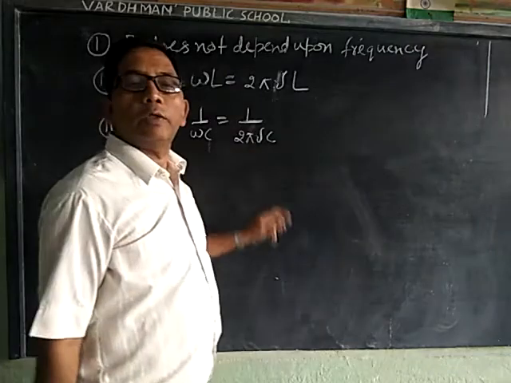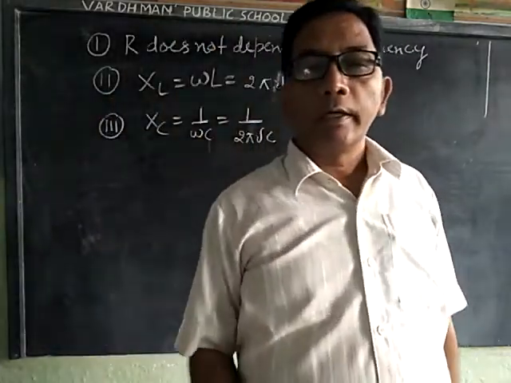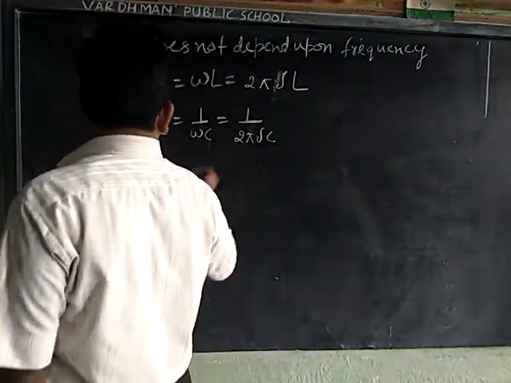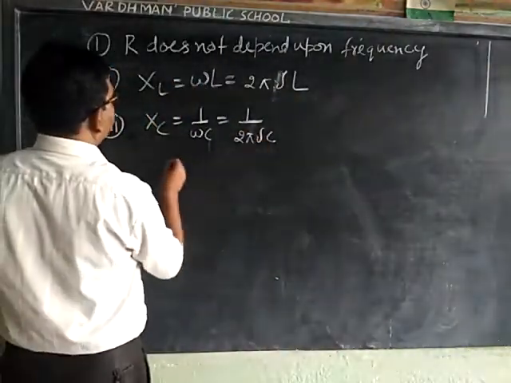if nu is doubled, the value of XC will become half.